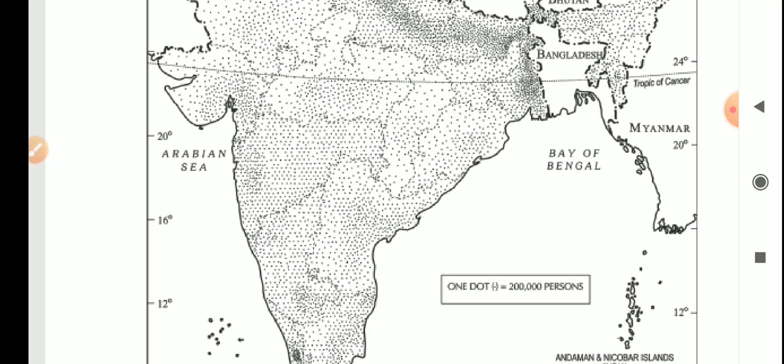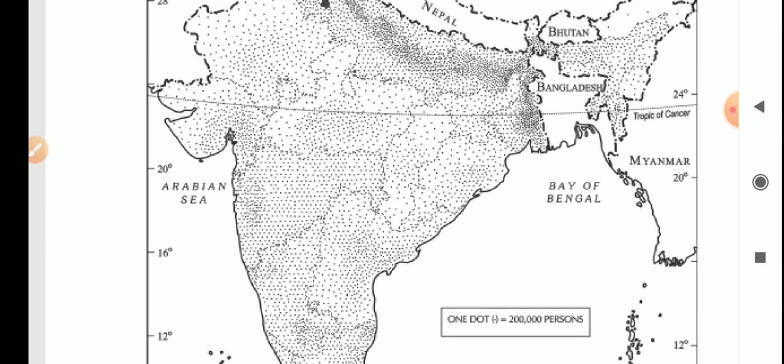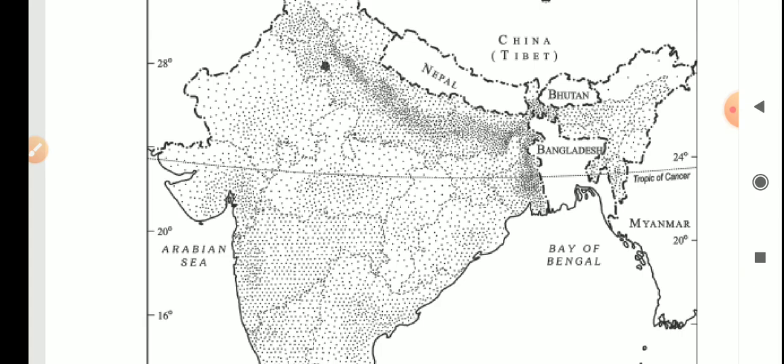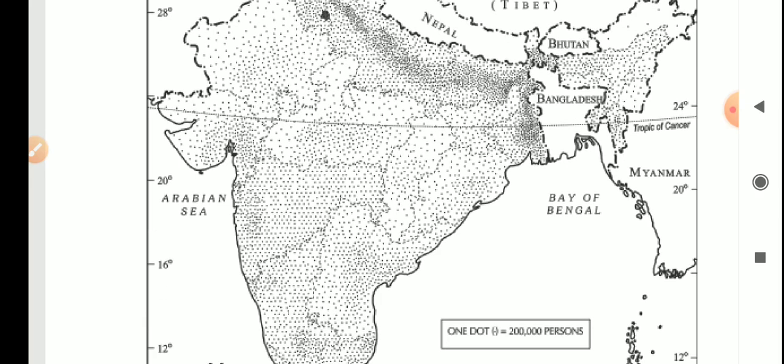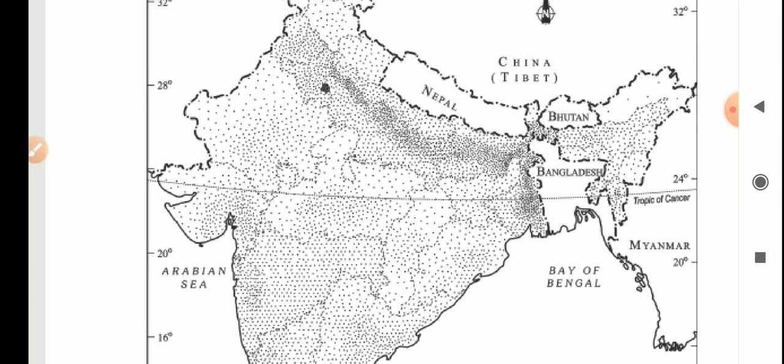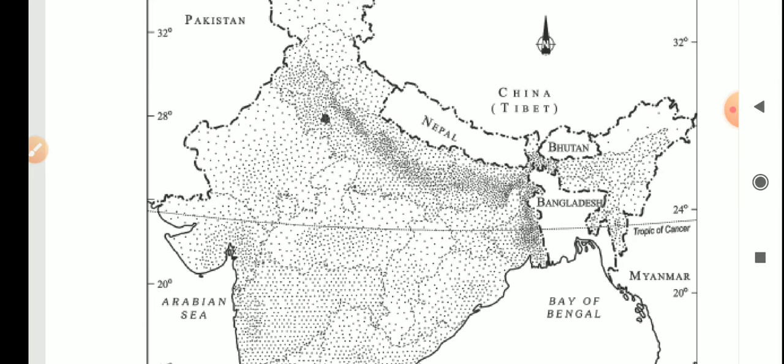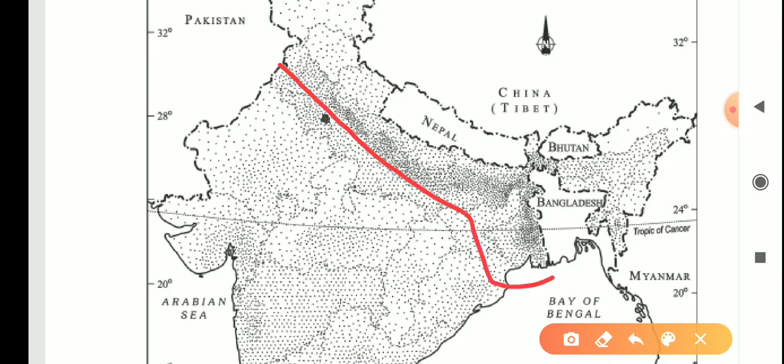So that will be easy. Suppose Andhra Pradesh has a 2 crore population, then there will be 100 dots in that state. And we will remember one very important thing, that the concentration of dots should be at the place where the most people are living. See this figure. You can see here, this is a very dense belt of people living here, dense population.